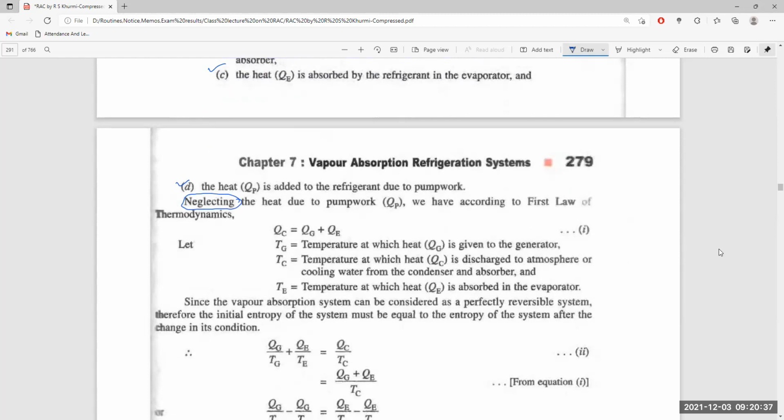We apply the first law of thermodynamics: heat applied is equal to heat removed.